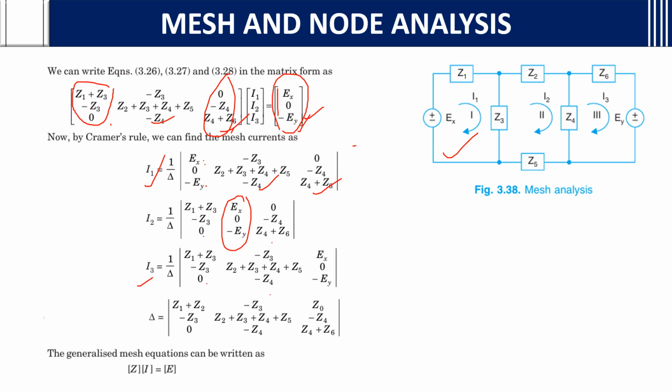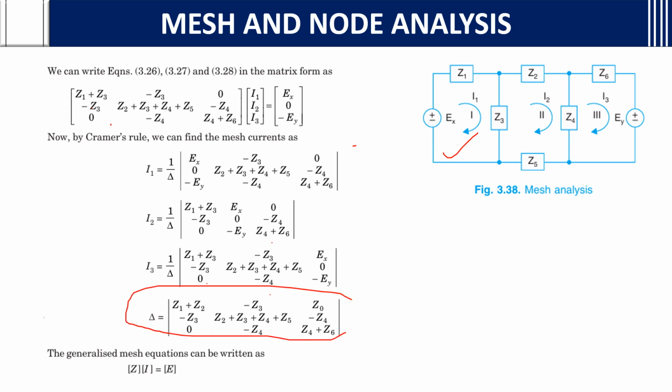After doing all this, see how to find delta. Delta is equals to Z1 plus Z3, minus Z3. This is the delta. If you take the determinant of this, you will get the delta value.